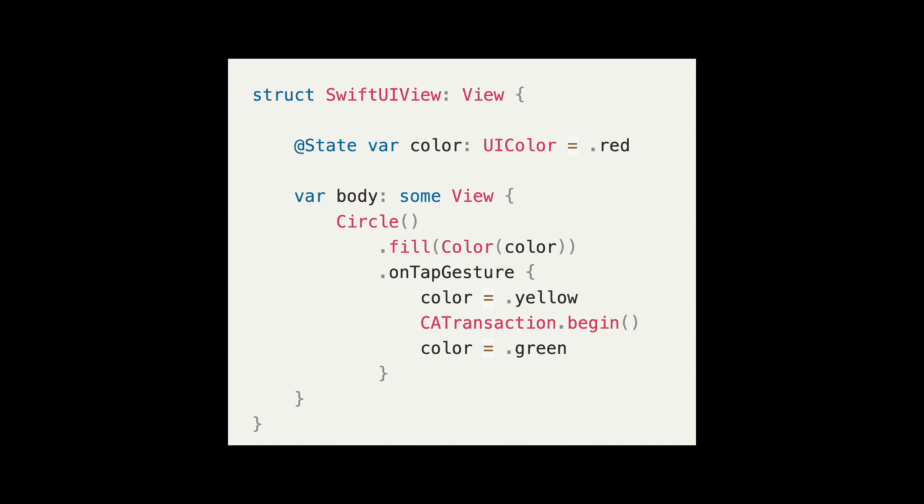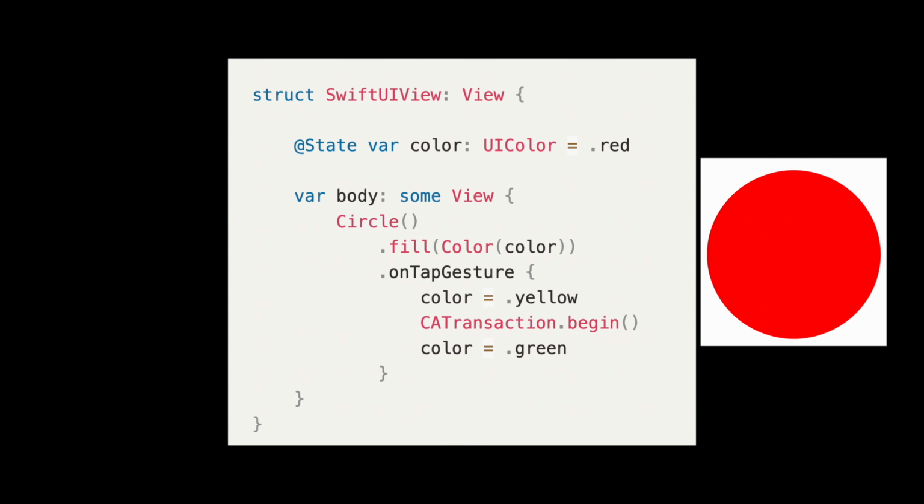When you call CATransaction begin, a new transaction object is created and pushed into the shared transaction stack. So if you don't call CATransaction commit after that, you simply break the transaction stack because of the way nested transactions work. No layer tree changes will be committed to the render server after that, so in our example we will not see either yellow or green colors update on the screen after tap.